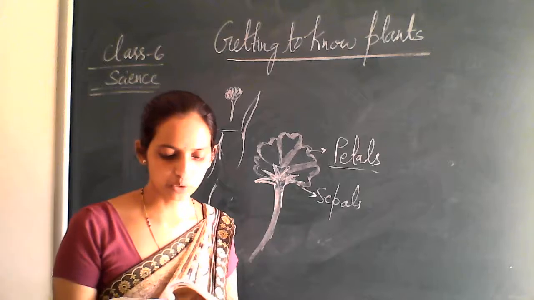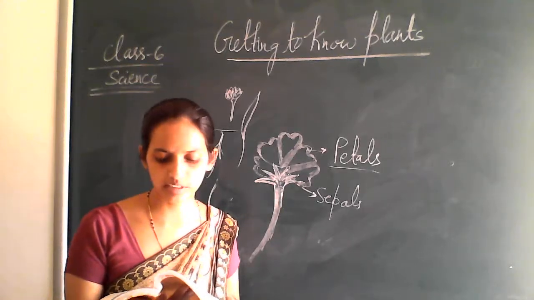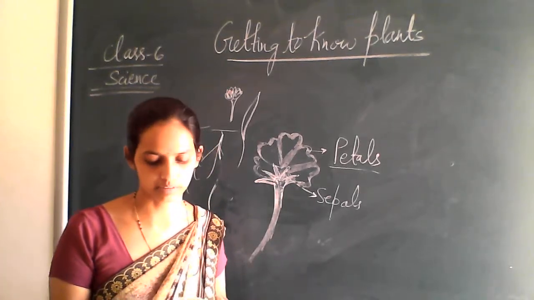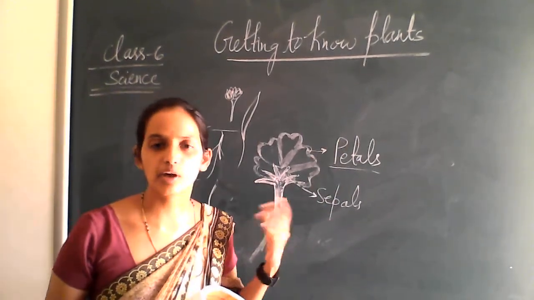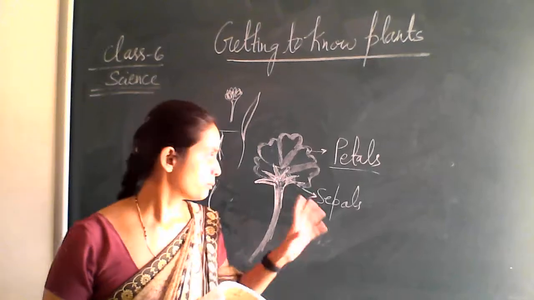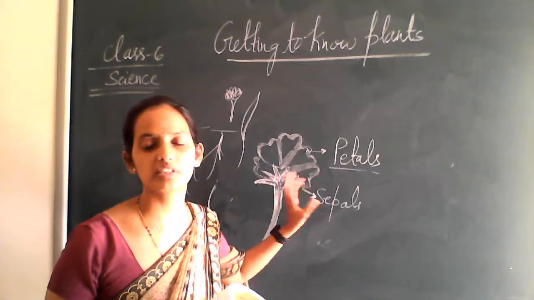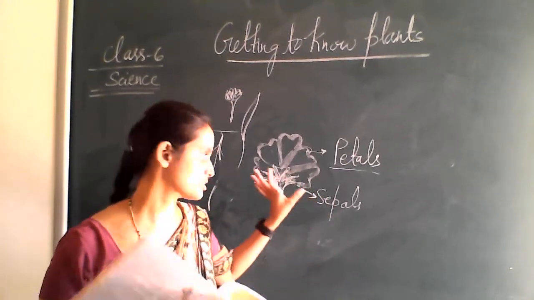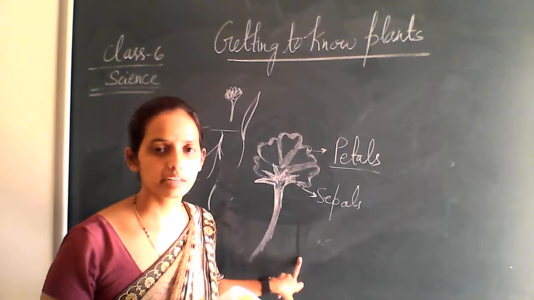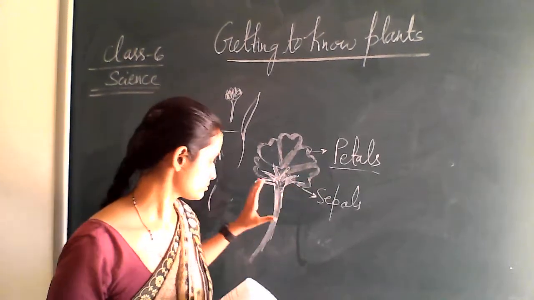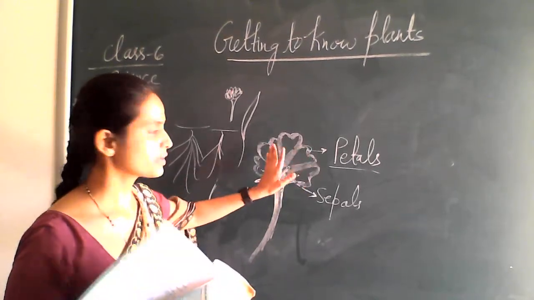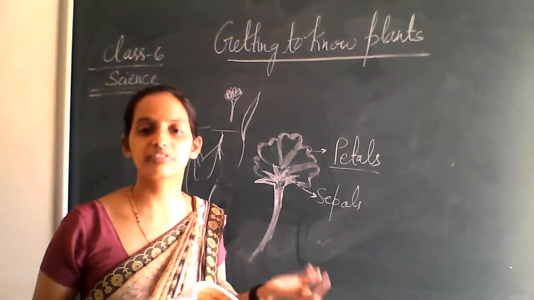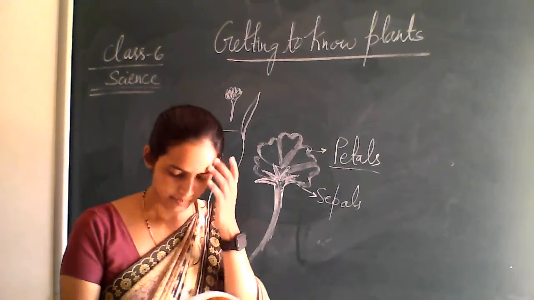Are they joined together? What are the colors of petals and sepals? So generally what happens, your petals are very attractive and they are in different colors. But usually your sepals are always green in color, or the leaf-like structures you can see. So they are green in color, the whole part usually green, and the petals have different colors based upon the different plants, right?